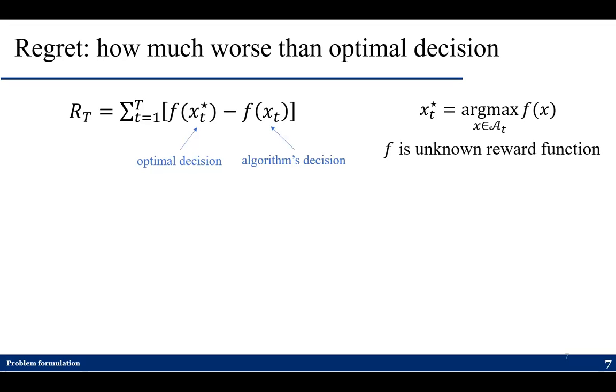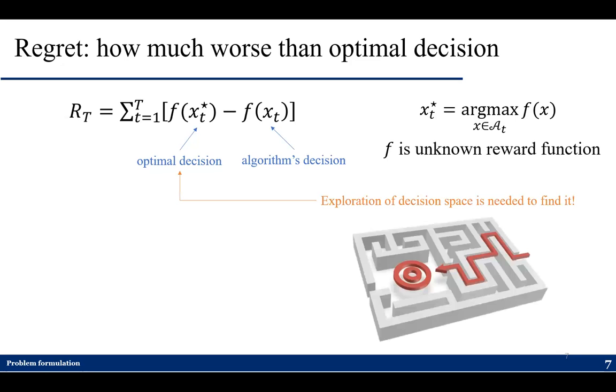And regret is defined by the difference between the reward of the optimal decision and the reward of the decision chosen by the algorithm. So x_t star here denotes the optimal decision at time step t, and x_t is the decision chosen by the algorithm at that time.